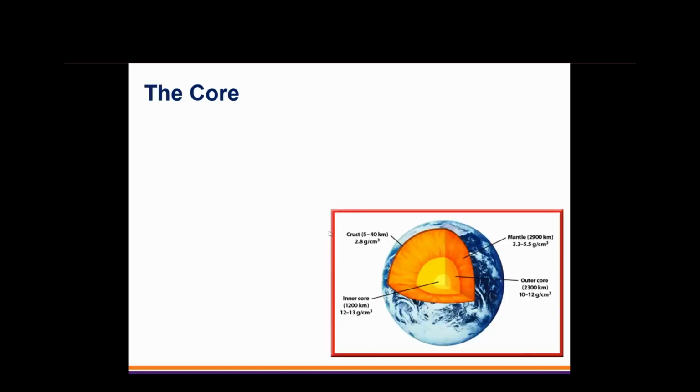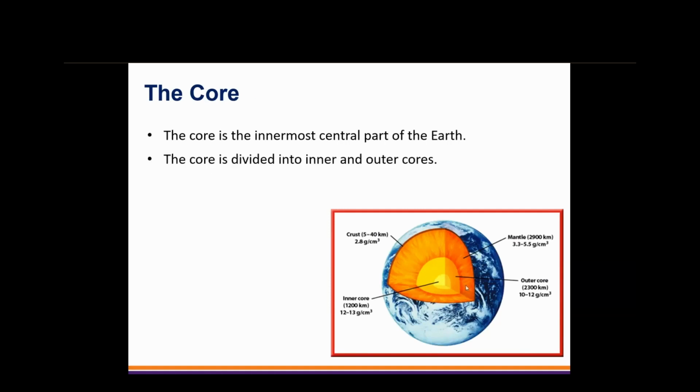This is the core. The core can be divided into two. The core is the innermost central part of the Earth, and is divided into inner and also outer. It's very dense and very hot, and it consists of an alloy of iron and nickel.